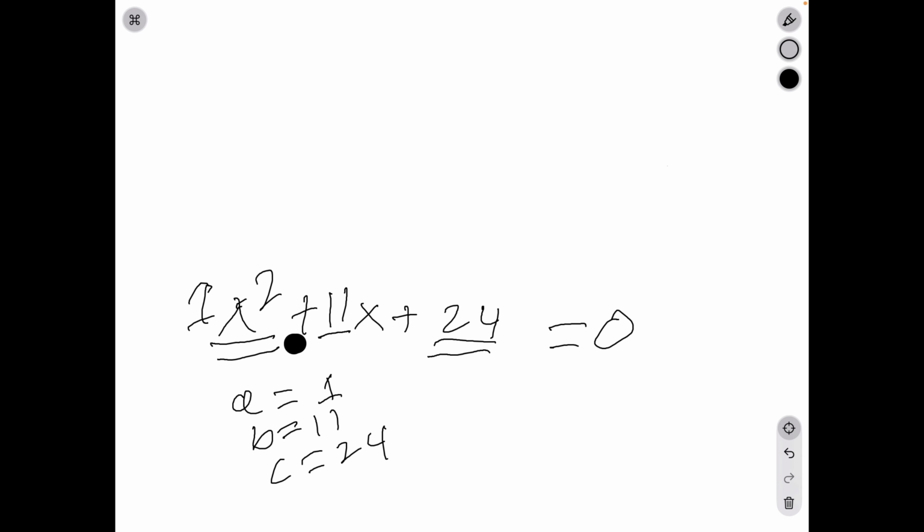As we can see here, the sign is positive, so that's why we put positive 11. But if the sign was negative, then b would equal negative 11. Now, let's get to solving.